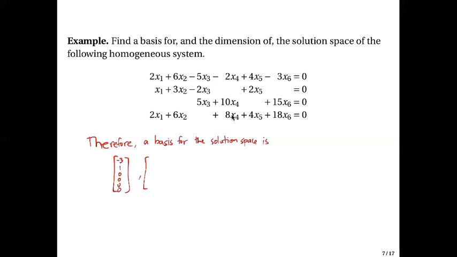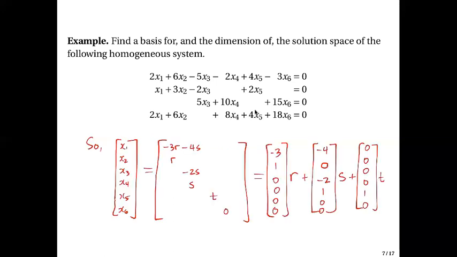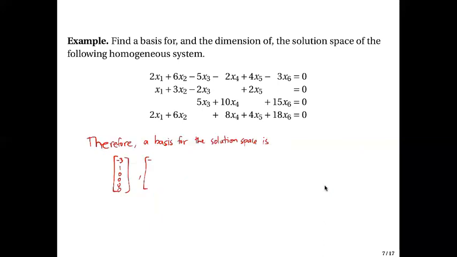And then you have negative 4, 0, negative 2, 1, and then 0, 0. And then the third, you have 0, 0, 0, 0, 1, 0. So this guy here forms a basis. And therefore, since we have only 3 elements, the dimension is equal to 3.